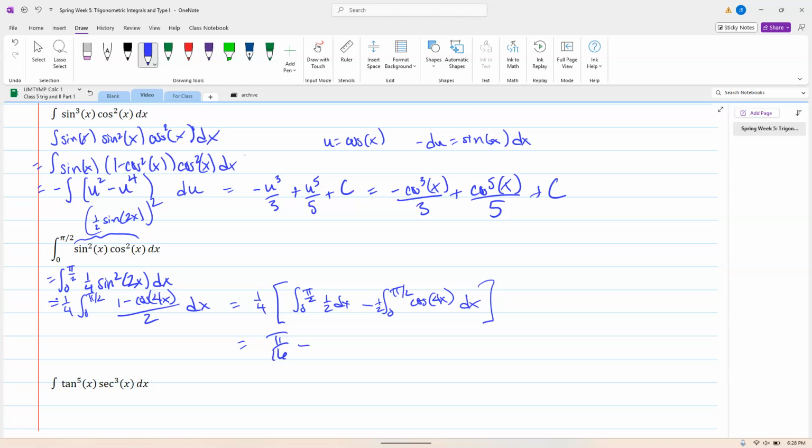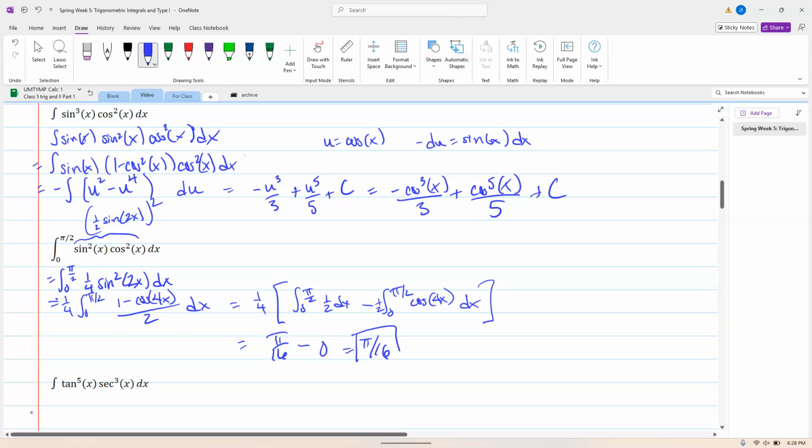And then minus, cosine would integrate to sine, so it'd be sine of 4x, and then we would have to put in the bounds. Sine of 4 times pi over 2 would be sine of 2 pi, which is 0. Similarly, sine of 4 times 0 is 0, so that one is just going to be minus 0. So our answer ends up being pi over 16. You can verify the calculation.